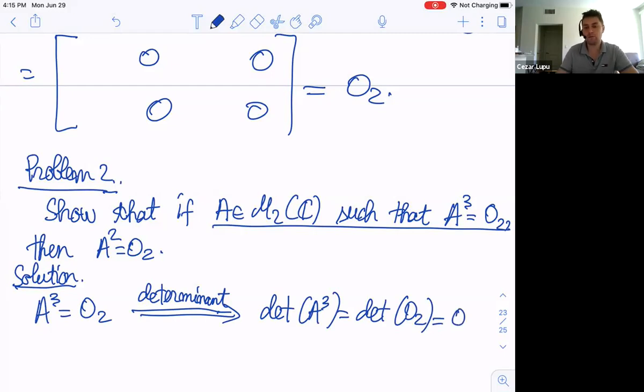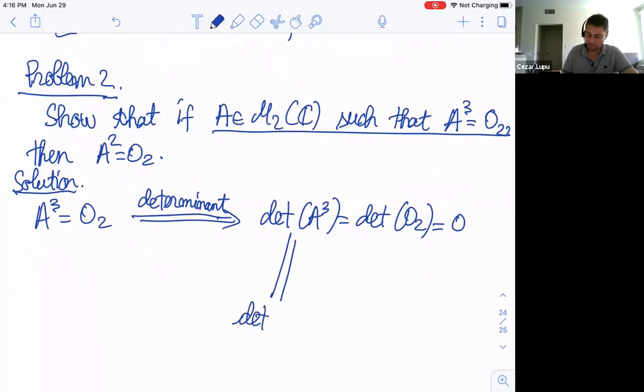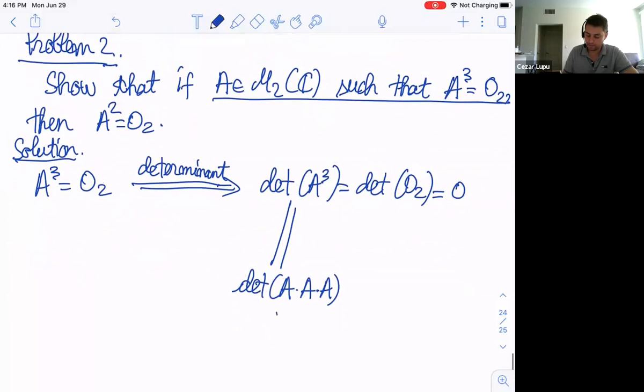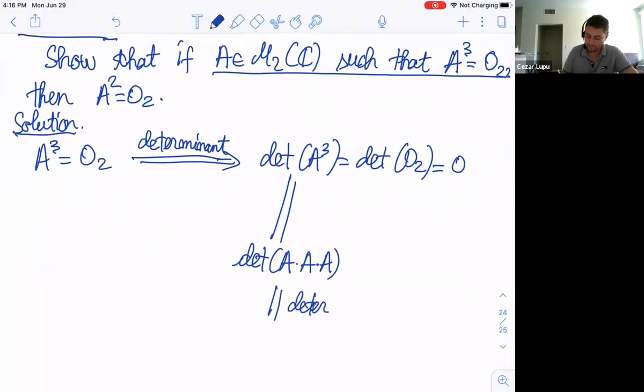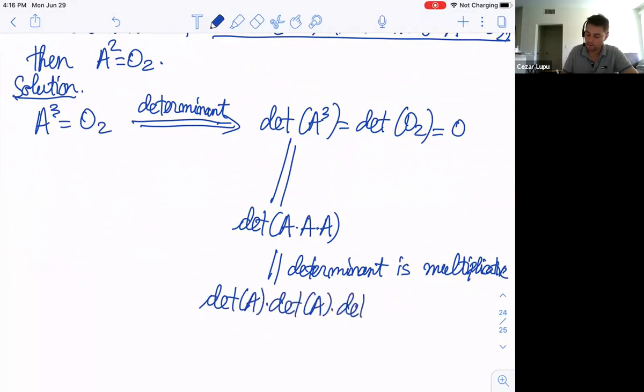But also the determinant of A cubed is the determinant of A times A times A. Using the property that the determinant is multiplicative, this is nothing else than the determinant of A times the determinant of A times the determinant of A, which is the determinant of A, everything cubed.